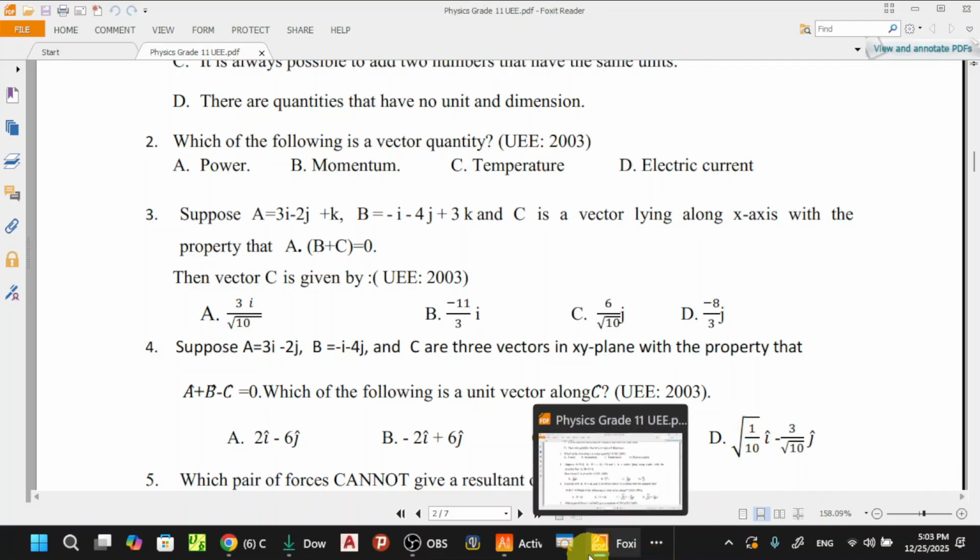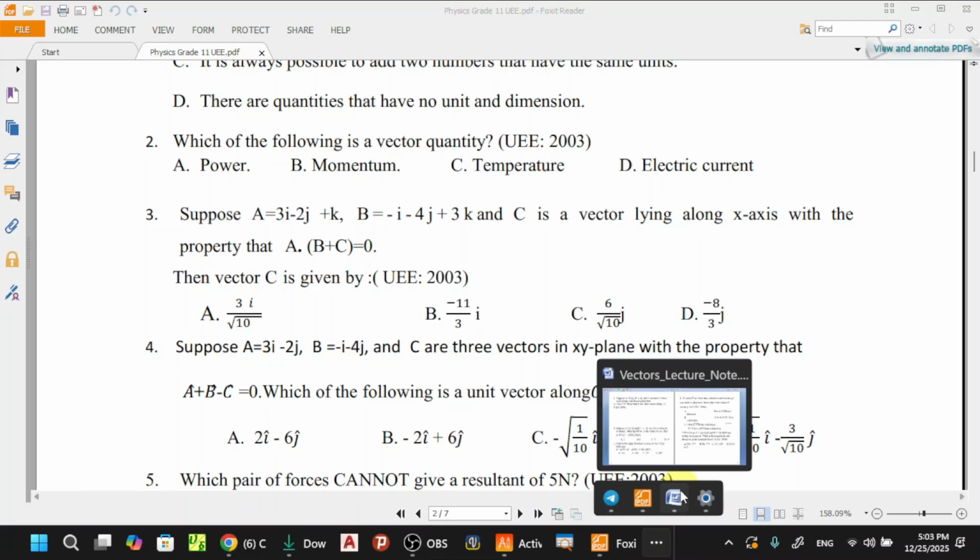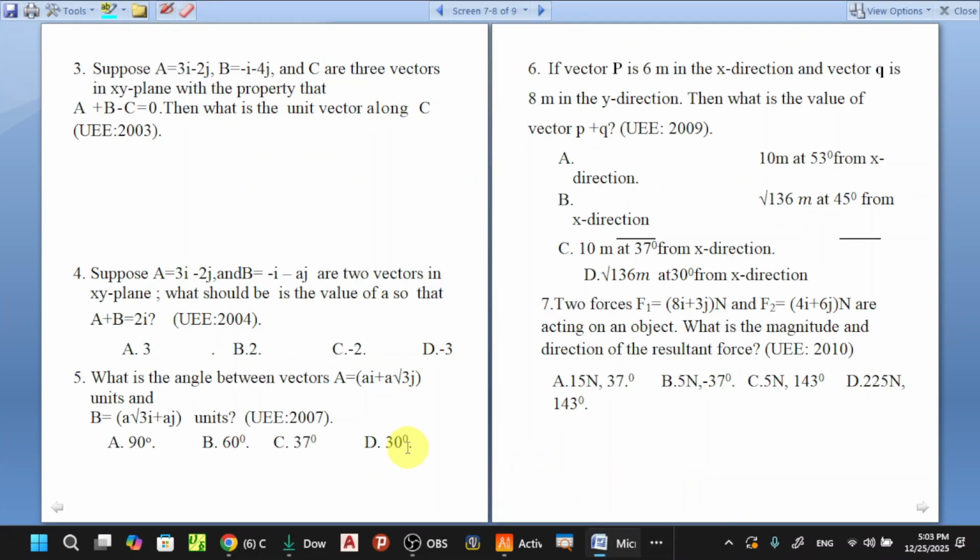So let's go ahead and solve one more example. Suppose A is equal to 3i minus 2j and B is equal to minus i minus aj are two vectors in the xy plane.